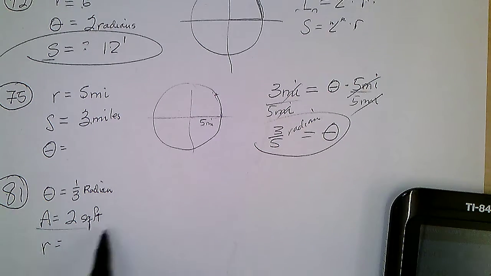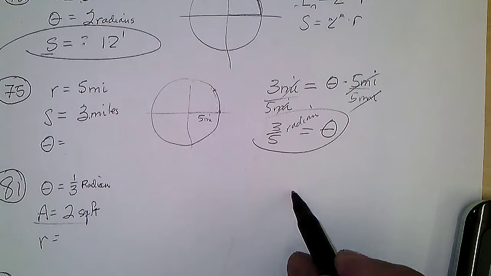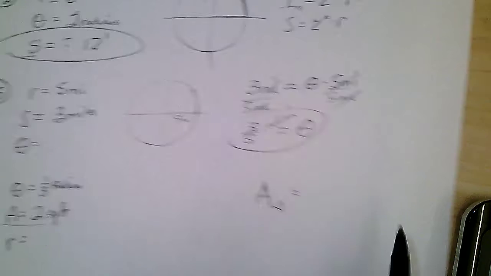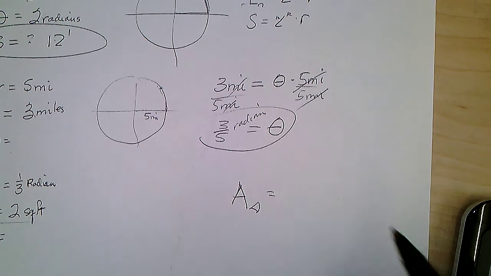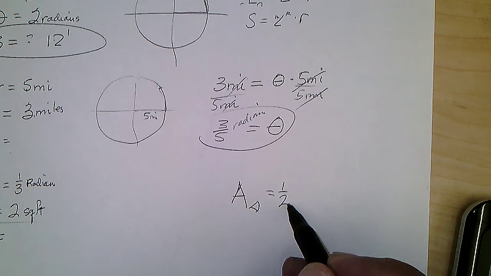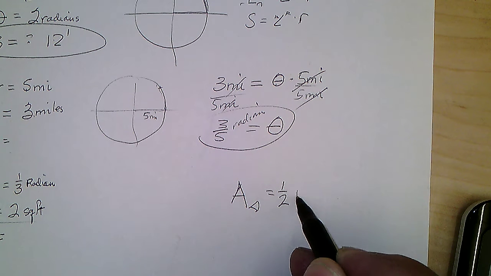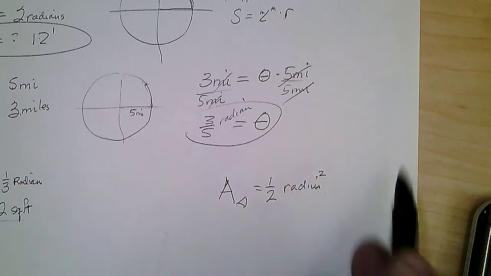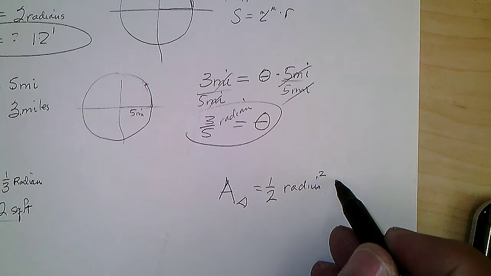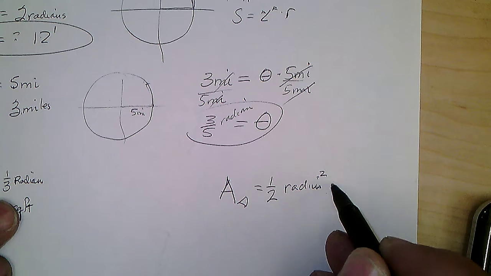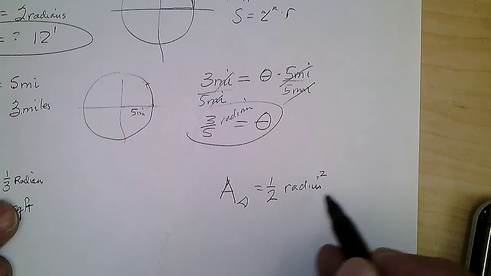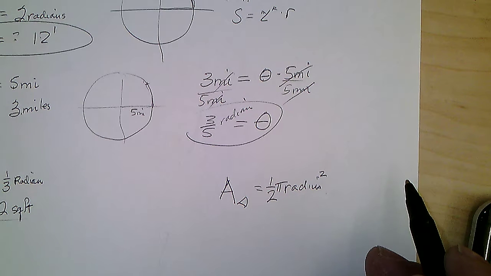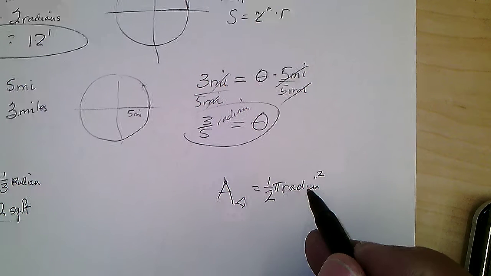Okay, now they tell me the area of the sector. Well, the area of a sector is 1/2 the radius squared. That would be a whole half of a circle, and if I multiply by the radian measure, pi r squared. No, 1/2 pi r squared times.